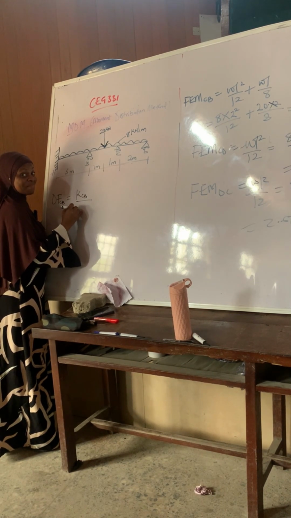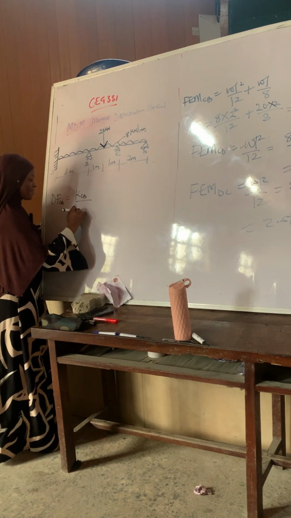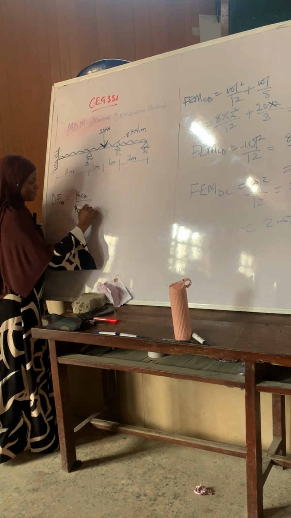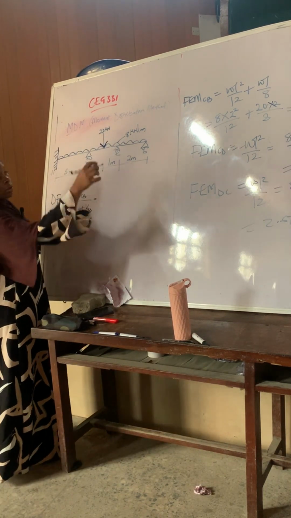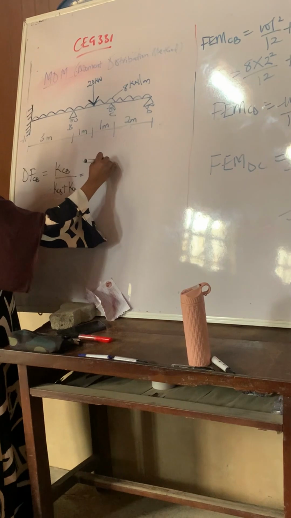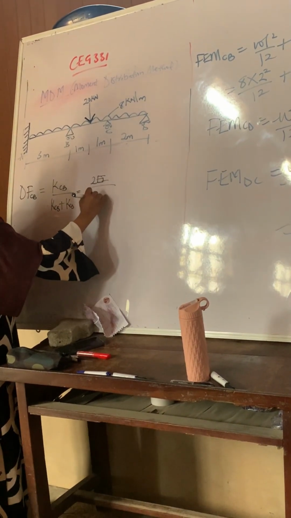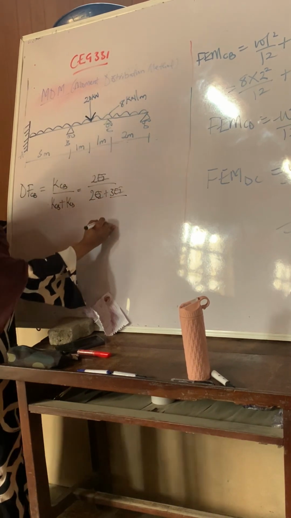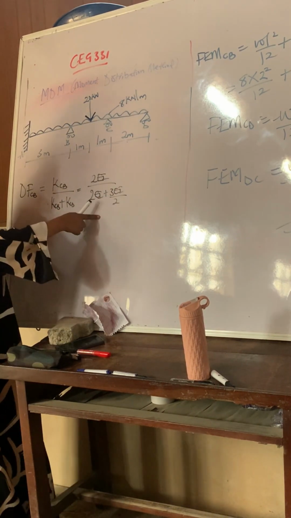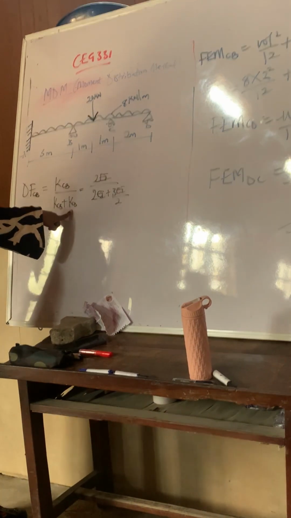So what is our KCB? 2EI, right? Then we have 2EI plus what? 3EI over 2. Am I right? KCD.